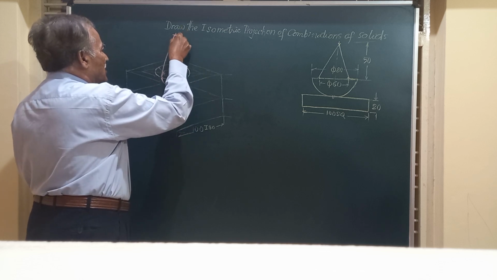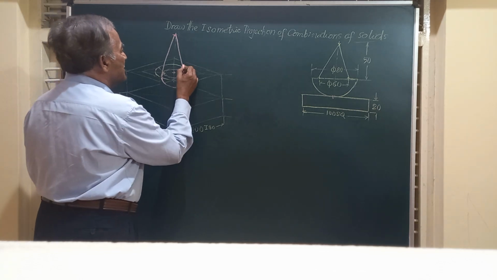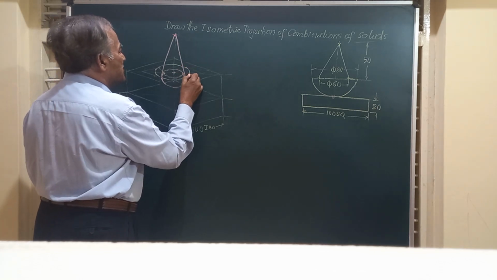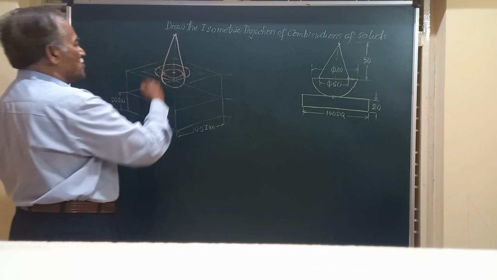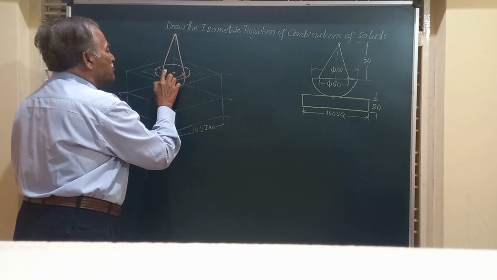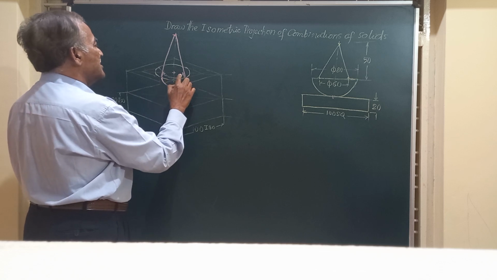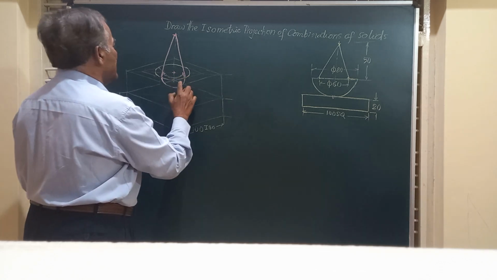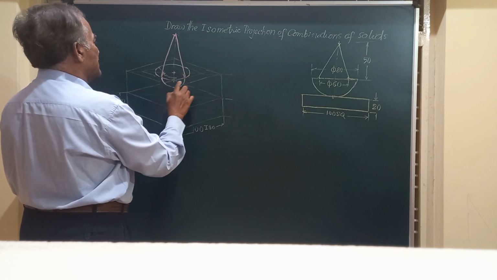So we will draw another line from there. Friends, we have completed the isometric projection of this cone. So here, friends, in the cone, you don't see this part because that is hidden, and even you don't find this line there. So this is how the cone is going to stand.